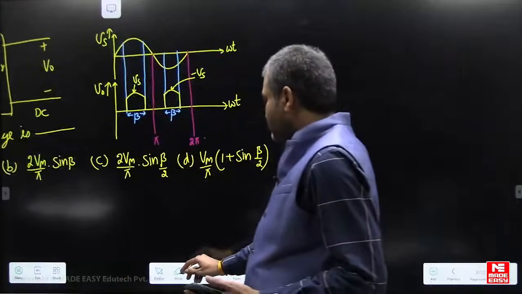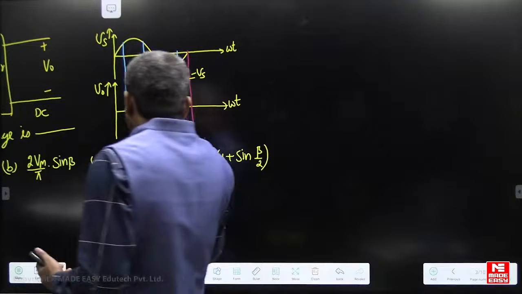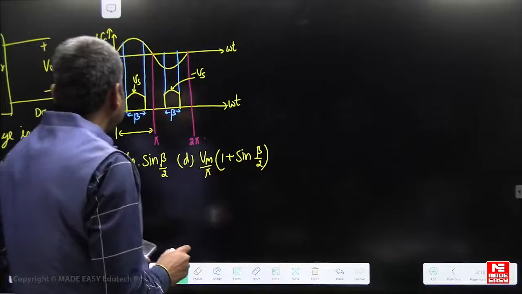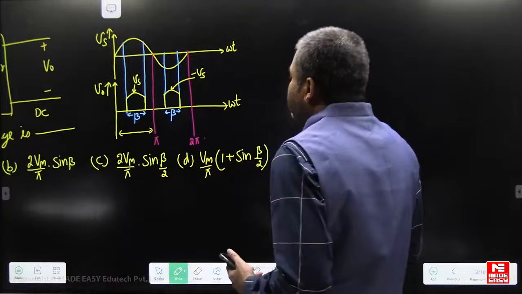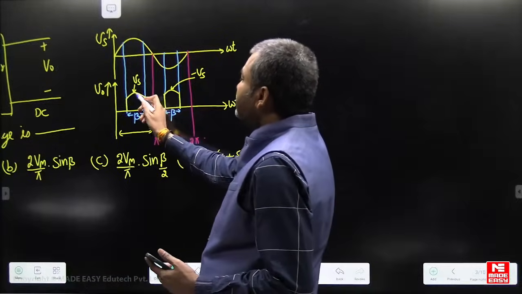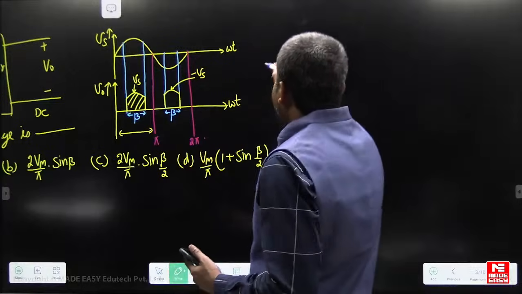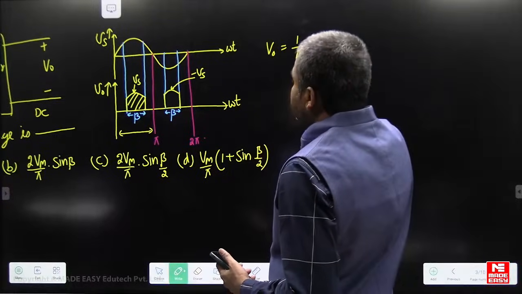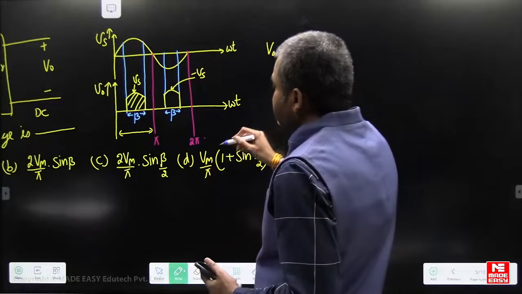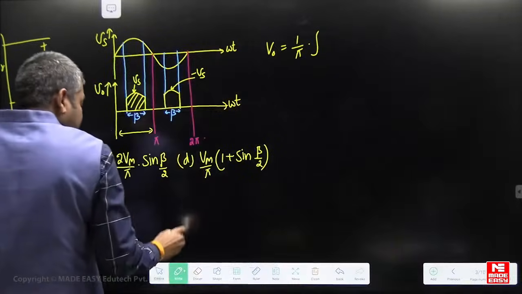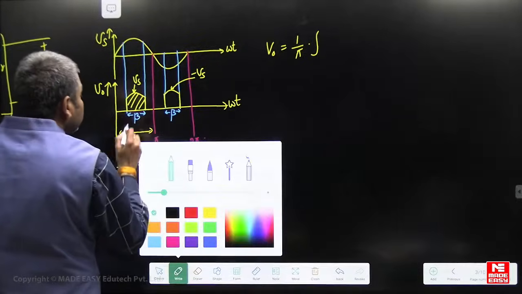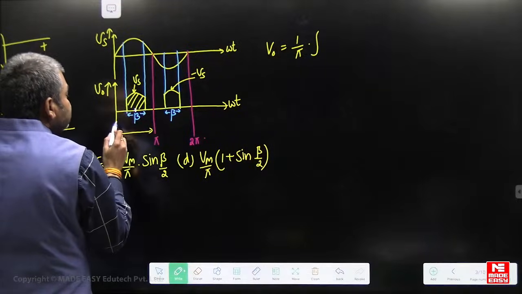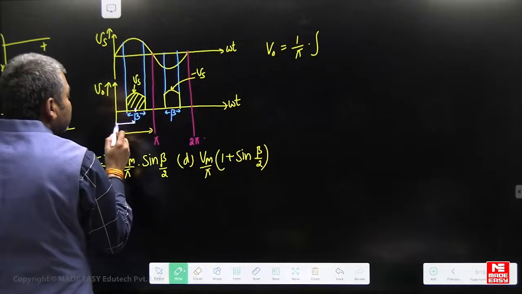Just look here. Here the time period is pi radians, since this is a 2 pulse converter. Average value is 1 by time period into the area of the waveform. So the time period is pi. What is the area? Integration of, see here, the center angle is pi by 2. Now what is this length from here to here?